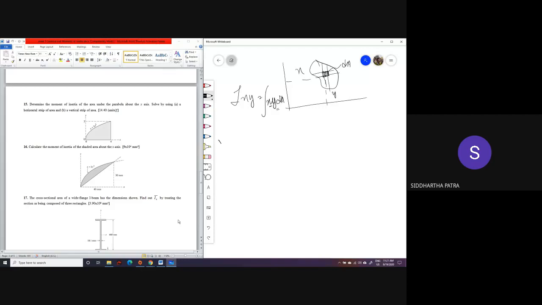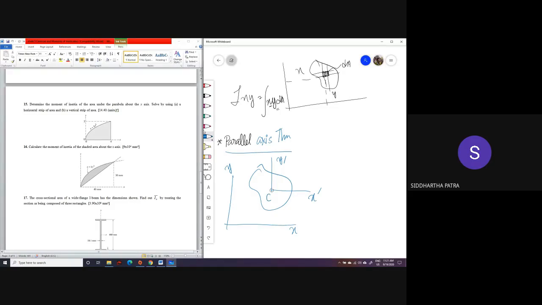So in a minute we'll be discussing something called the parallel axis theorem. Okay, I'll come to that, which basically deals with, if I have moment of inertia about xy, how do I get moment of inertia about x prime and y prime when these x prime and y prime pass through the centroid?